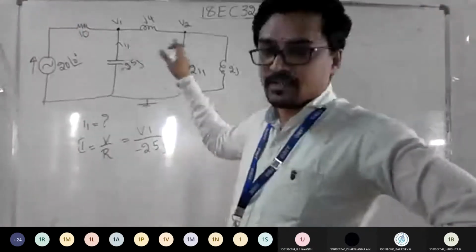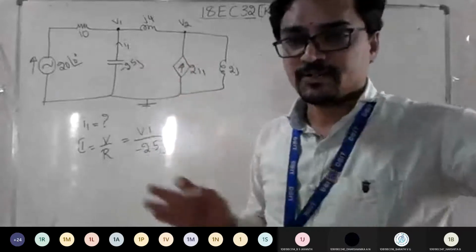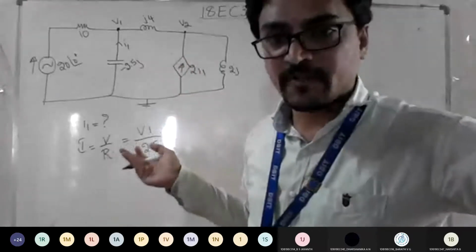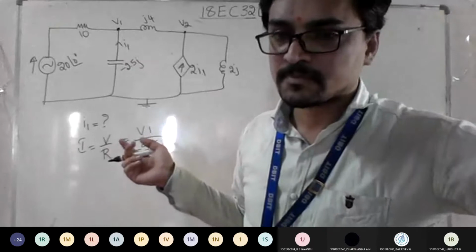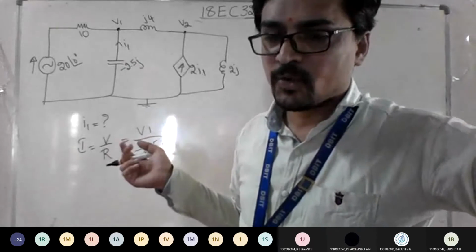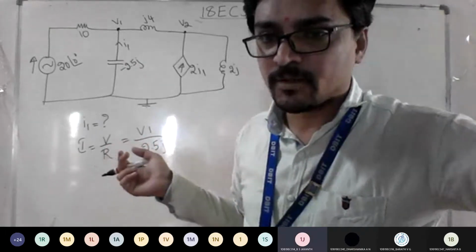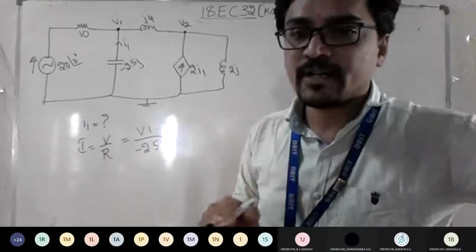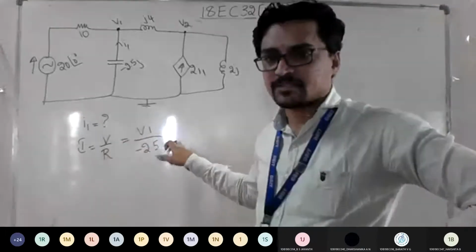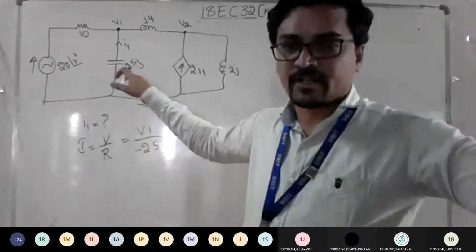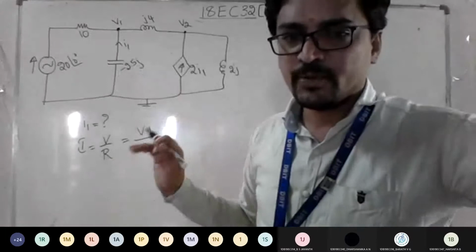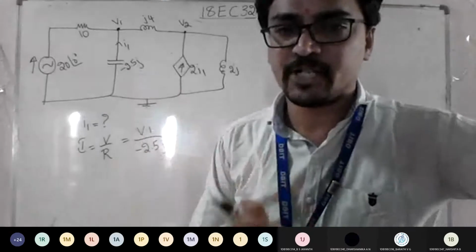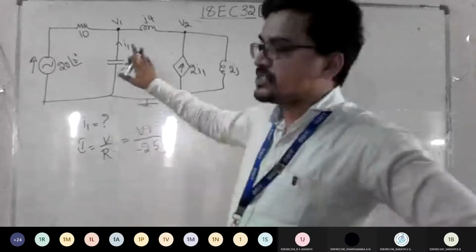Do you want to find the determinant for both V1 and V2? No, both are not needed, only V1. Unless they ask for the current flowing across an individual node, you need not find the determinant for each.